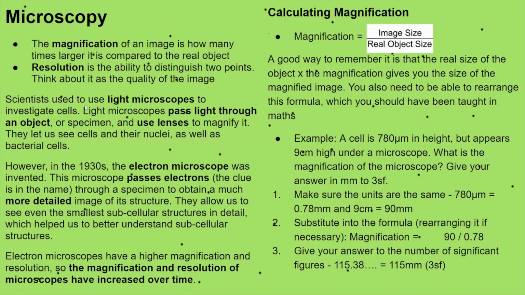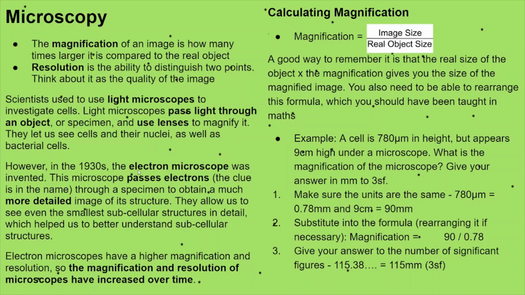There are also two types of microscopes. There are light microscopes, which you have in school, which pass light through an object. We call them specimens when we're looking at them through microscopes, and they use lenses to magnify it. So we can see cells and their nuclei through these.